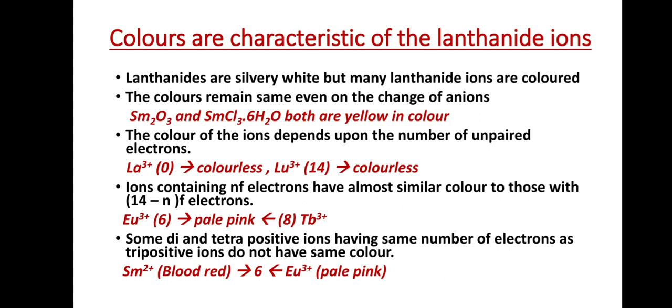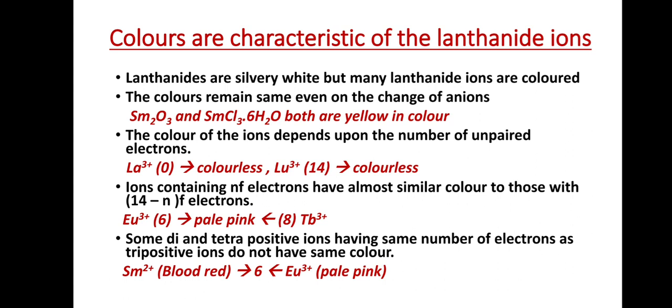After that, the next point we can consider is that ions containing n f electrons have almost similar color to those with 14 minus n f electrons. Let us take an example with reference to this point. Europium in 3+ state has 6 electrons. That is, you can take n equal to 6 in this case, so the number of 4f electrons is 6, and it has a pale pink color.